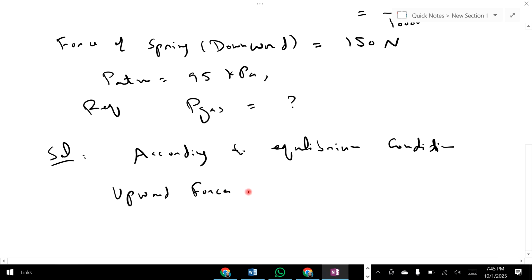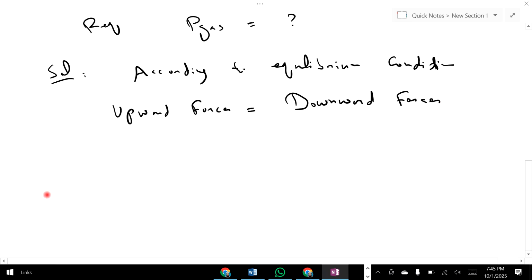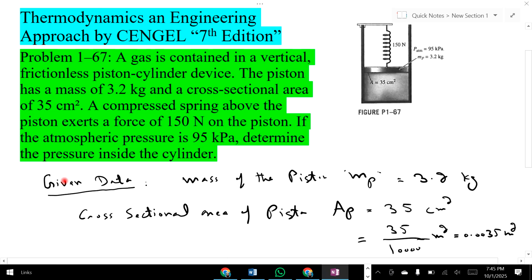So there is one upward force, the force of the gas, the working fluid inside the cylinder on the piston, and the atmospheric force is in the downward direction. Similarly, force of the spring is in the downward direction, and similarly weight of piston is also downward. These three forces are in downward direction and one force is in upward direction.